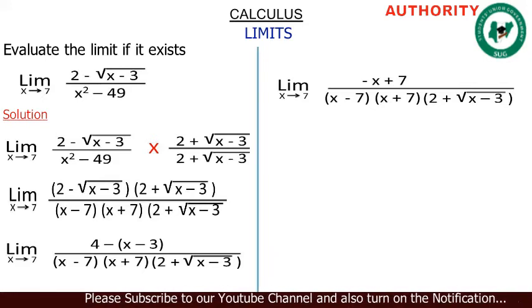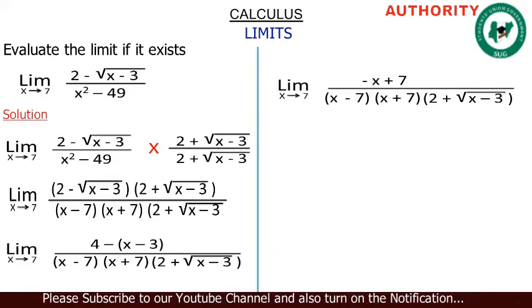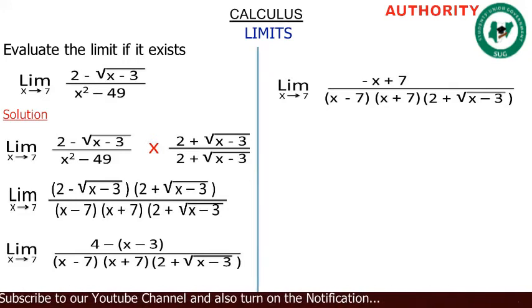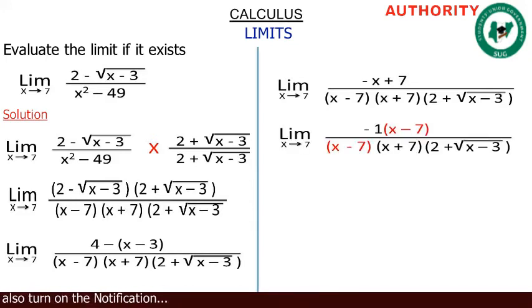So listen and see what you are going to do. Please don't cancel anything yet. Let's factor out minus 1 in this minus x plus 7. Factoring out minus 1 in minus x, you are going to have x. Then factor out minus 1 in 7, you are going to have minus 7.